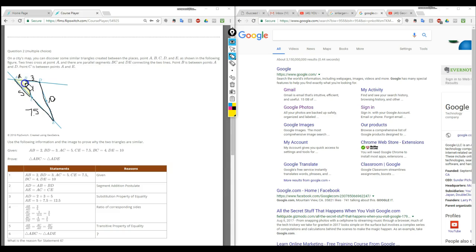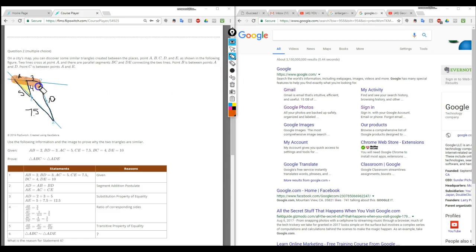ABC, this triangle right here. We need to prove that it is similar to triangle ADE, the larger triangle.